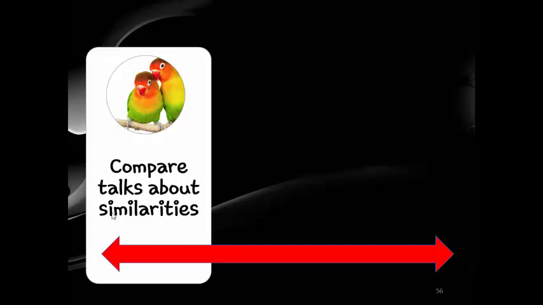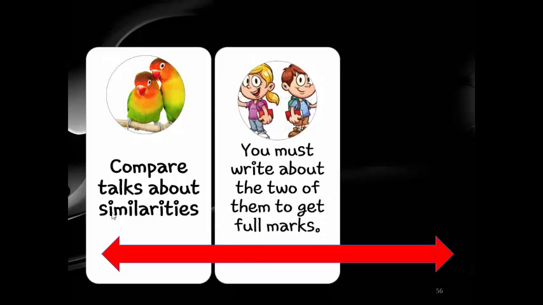You have to talk about the similarities of the two variables you are comparing. For example, SSD and hard disk drive. I say both of them are used for storing data. So compare talks about similarities.